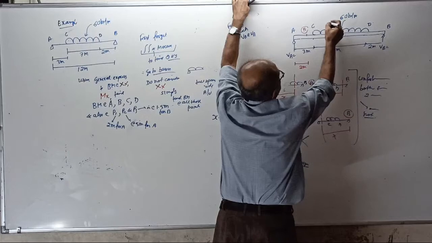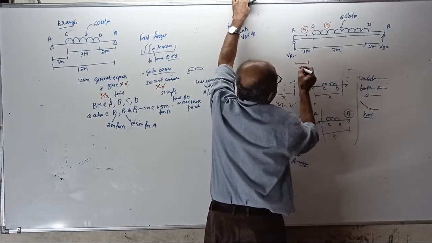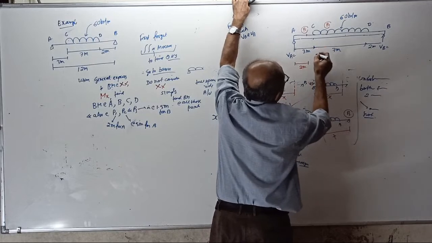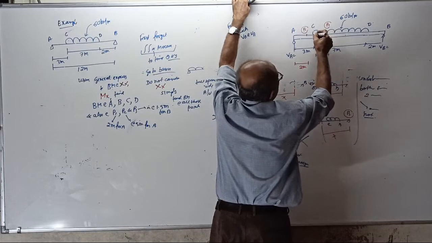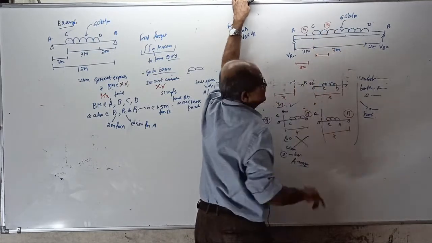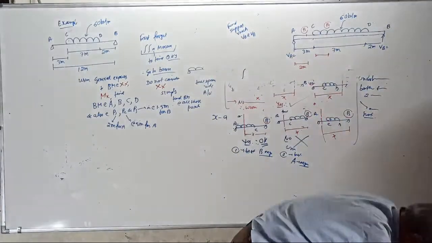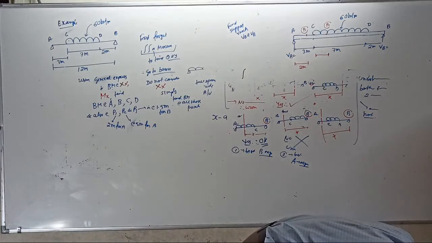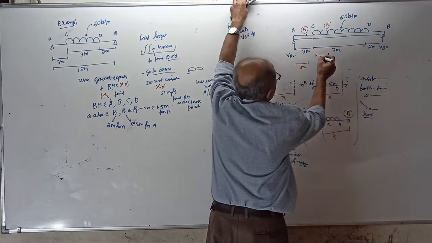From here, 5 meter means, anybody can tell me, how much is this distance from here first? Two meter. This is also 2 meter.